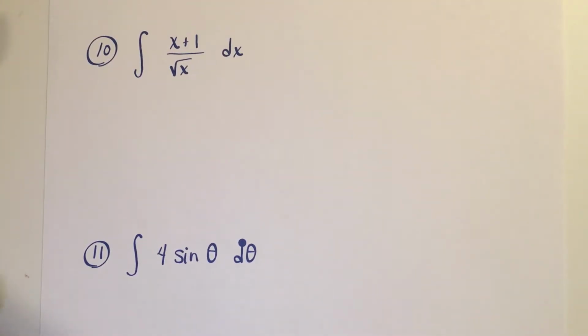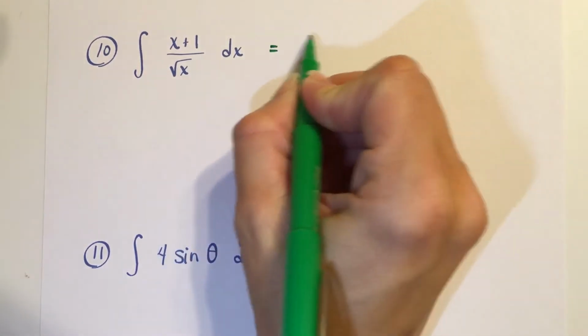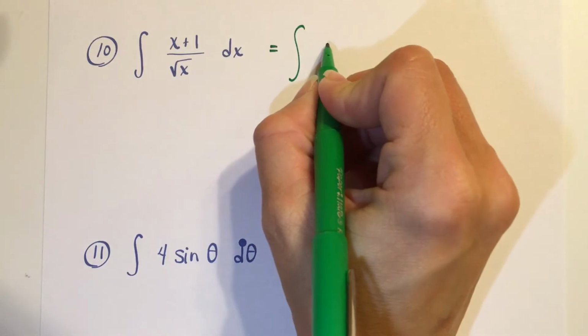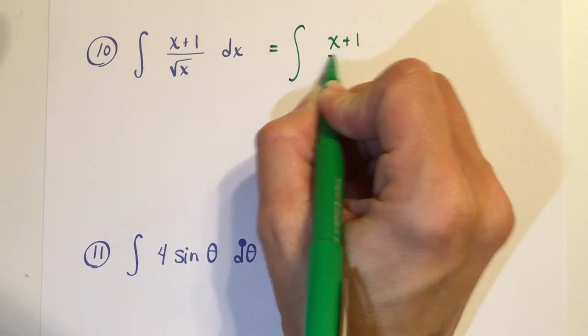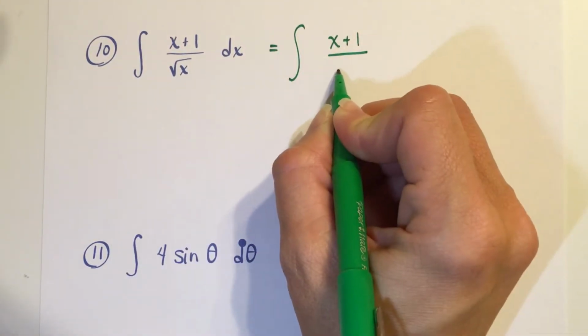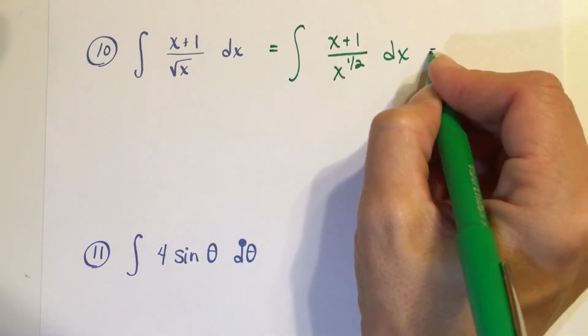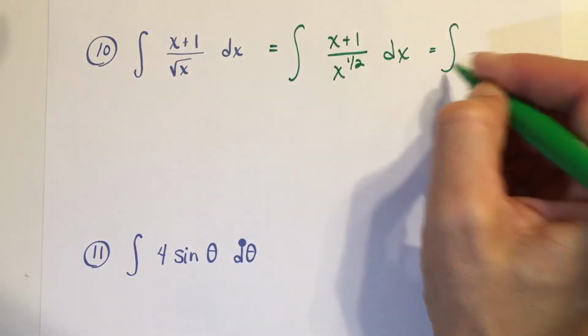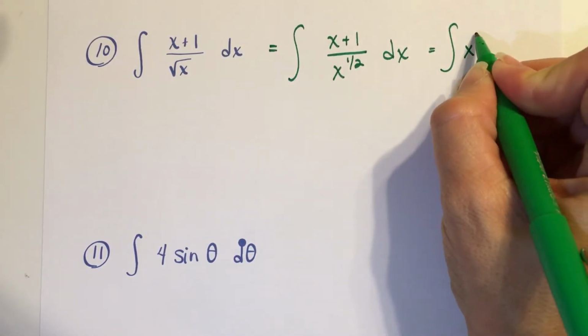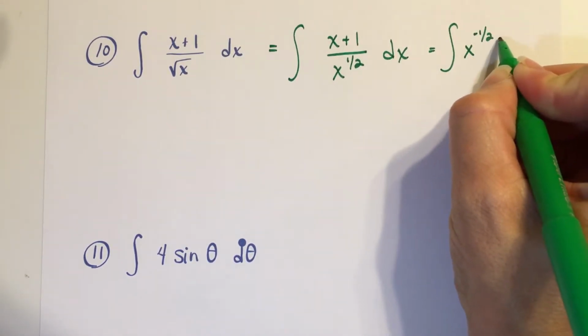Okay. Now, this one's showing a quotient, but remember what I said, there is no such thing as a quotient rule. So we've got to do some rewriting. First of all, you would want to rewrite this as x to the 1/2 power. And then the next step that you could take is bring x to the 1/2 power to the top.